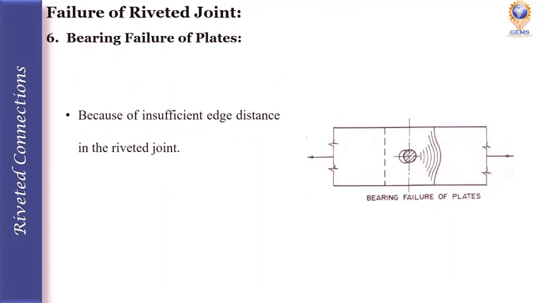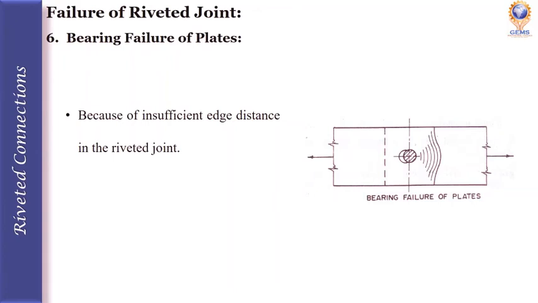Next is bearing failure of plates. Bearing failure of a plate may occur because of insufficient edge distance in the riveted joint. Crushing of the plate against the bearing of the rivet takes place in such failure.